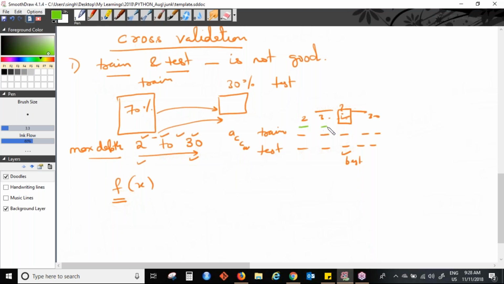Once you have figured that out, you will finalize your model, let's say f of x, which will have that best value of max depth. Okay, all clear till now, guys?